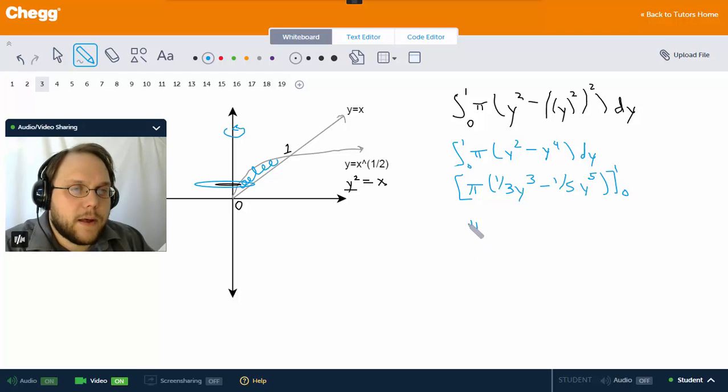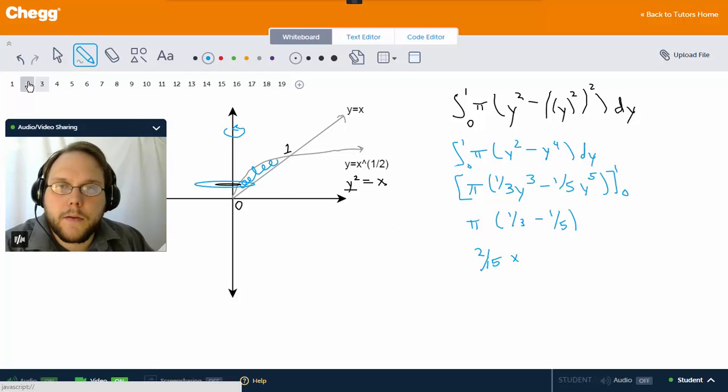So then we have pi times 1/3 minus 1/5 after we plug in these two values here. And I don't want that as a bracket, I want that as a parentheses. There we go. And so then we'll subtract one of these fractions from the other, and we'll get 2/15 pi.